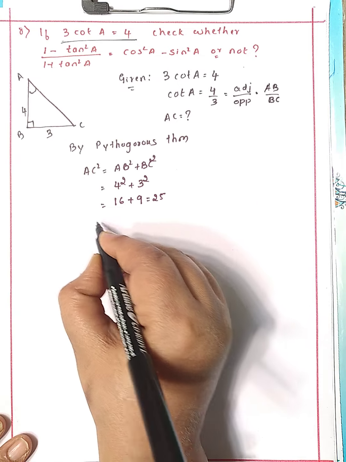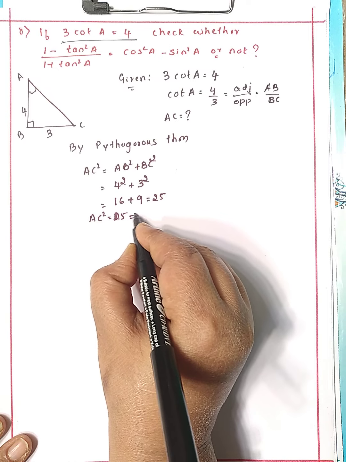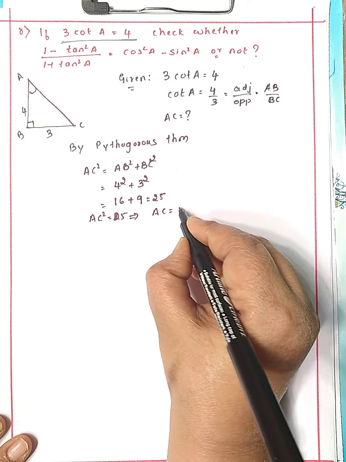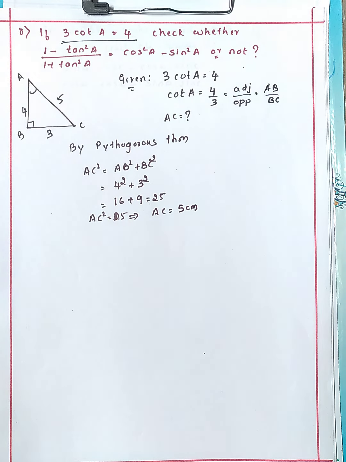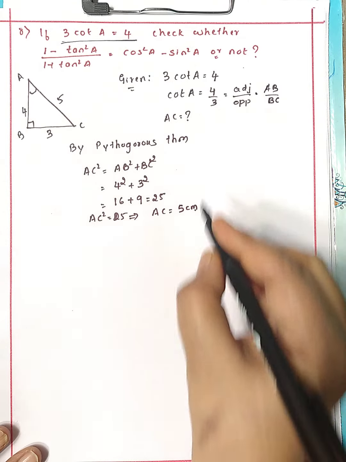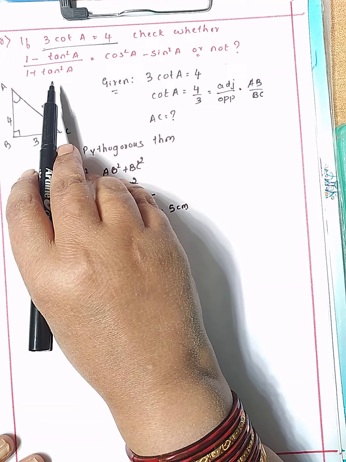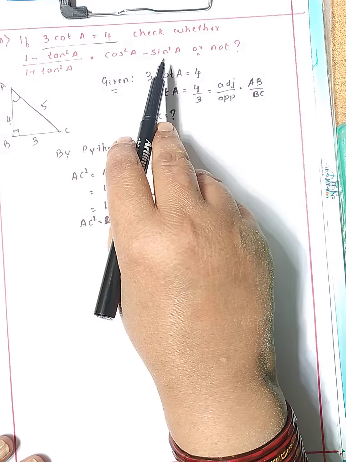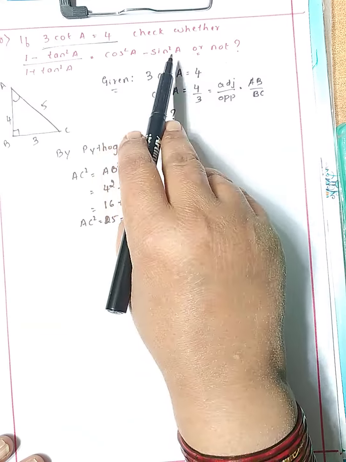It becomes 25. AC square equal to 25 means AC equal to 5. So hypotenuse is 5. Now for equating LHS and RHS, we have to find out the ratio of tan, cos and sin.